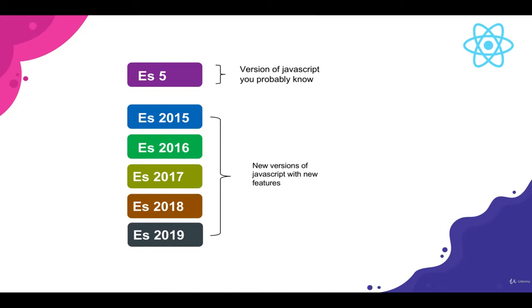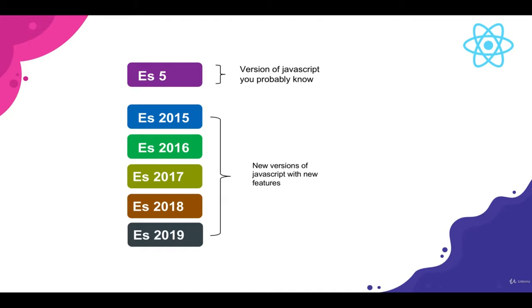There are different versions of this ES for every year after 2015. So again, chances are you've learned a little bit about ES 2015. Now, of course, there's also an ES 2016, 2017, 2018, 2019, and so on and so forth. And every one of these different versions has some new wealth of features and upgrades to the JavaScript language.